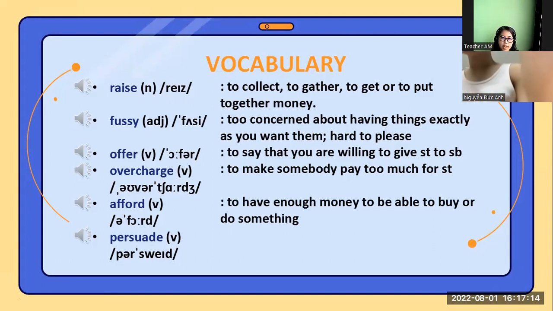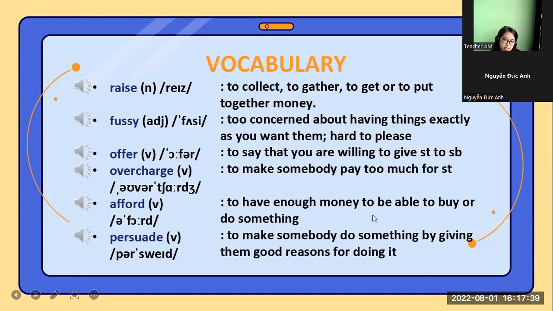What about persuade? Encourage someone to do something without reasoning or argument. Okay. That means to make somebody do something by giving them good reasons for doing it.